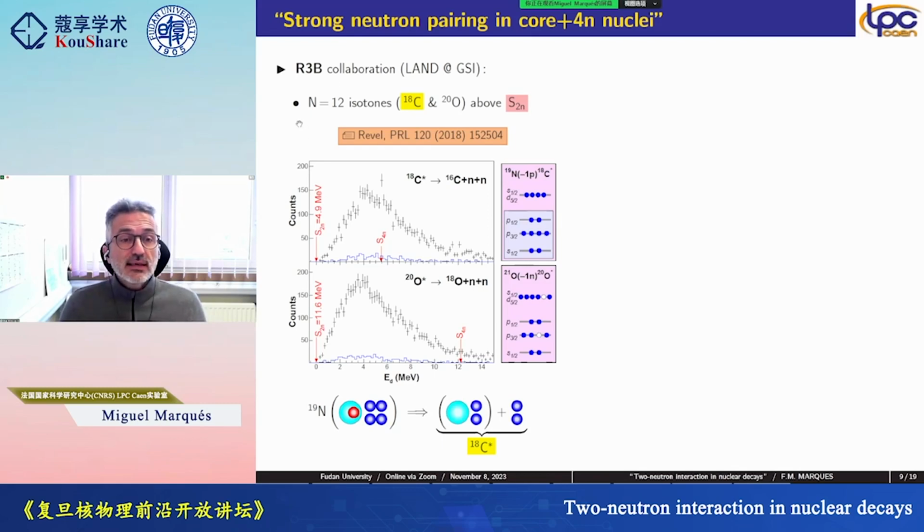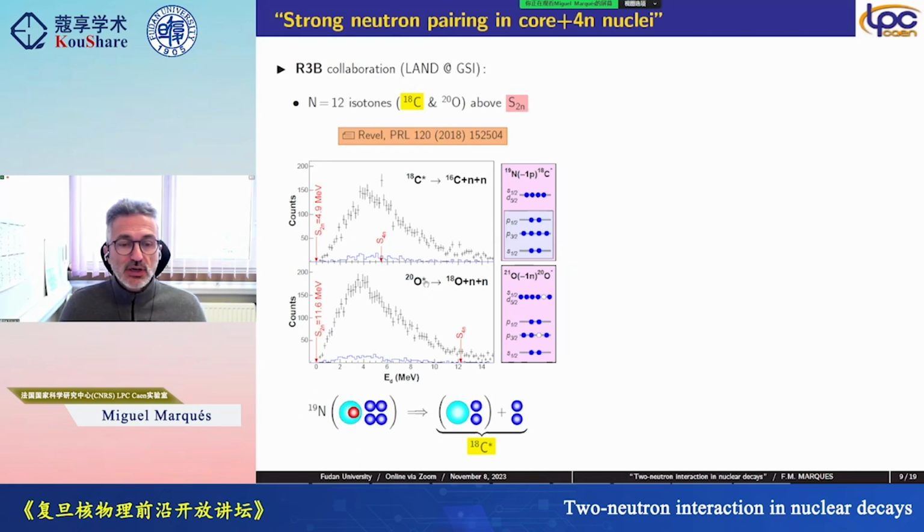And the idea was to study another isotope. So N equal 12, another isotope is oxygen-20. The idea was to look for correlations in carbon-18 and have a reference without these correlations, and we chose oxygen-20. So here you have nitrogen-19, you remove 1 proton and you get carbon-18.